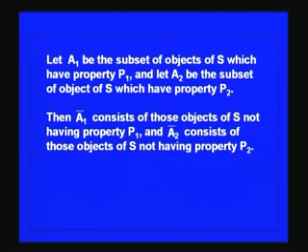Let A1 be the subset of objects of S which have property P1, and let A2 be the subset of objects of S which have property P2. Then A1 bar consists of those objects of S not having property P1, and A2 bar consists of those objects of S not having property P2.